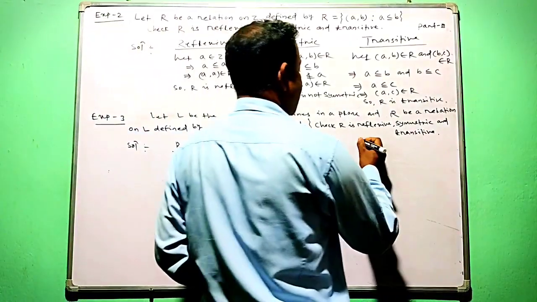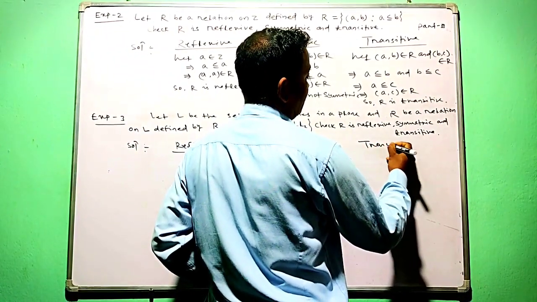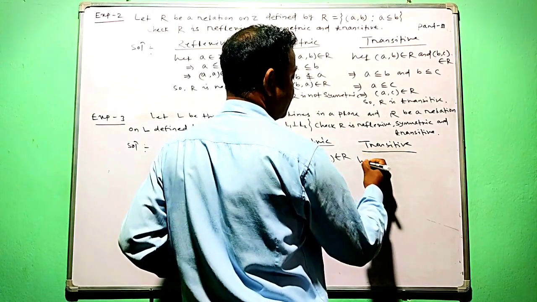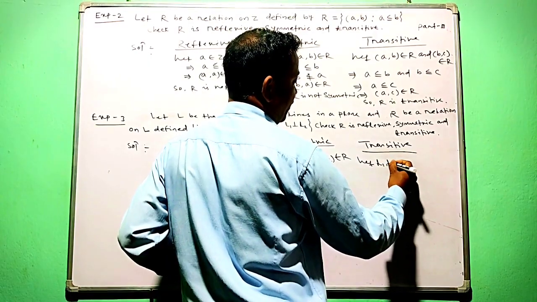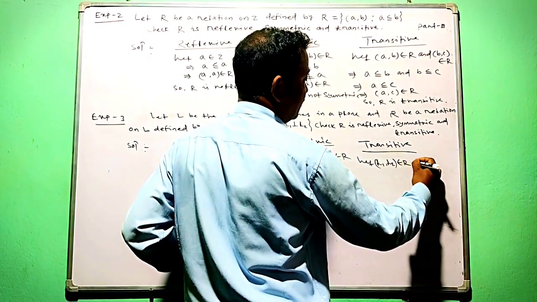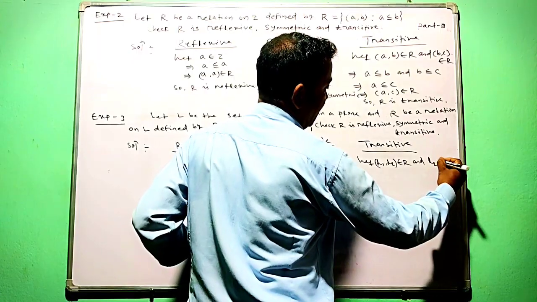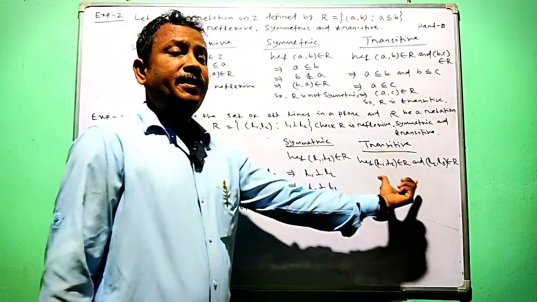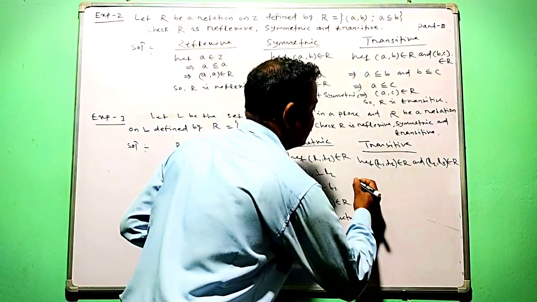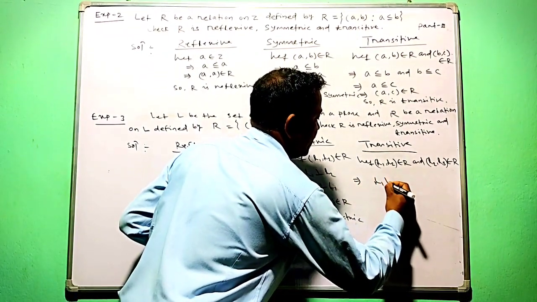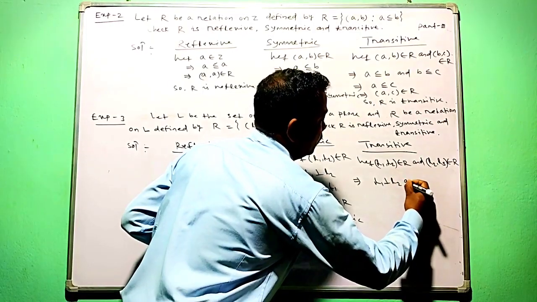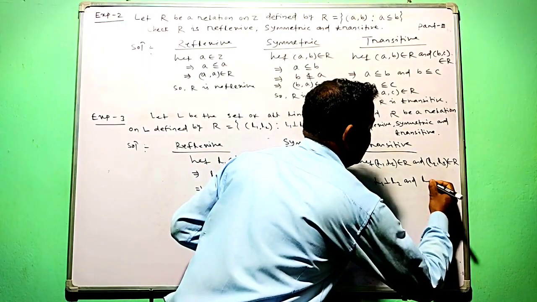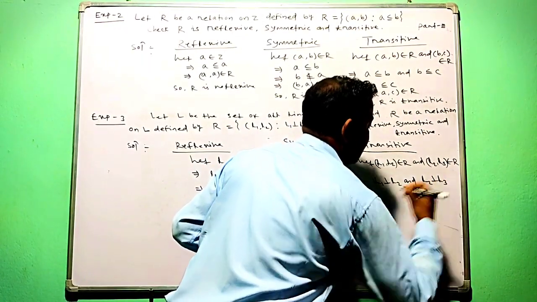Next test, transitive. Let (L1, L2) be an element of R and (L2, L3) an element of R. (L1, L2) being an element of R means we write L1 is perpendicular to L2, and (L2, L3) being an element of R means we write L2 is perpendicular to L3.